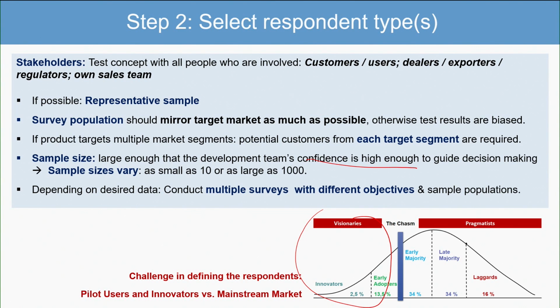And then there are the pragmatists, the early and late majority and the laggards, who make up most of the market. Both of these groups are characterized by very different evaluation criteria and different perceptions of what is important in a new product and what is not.